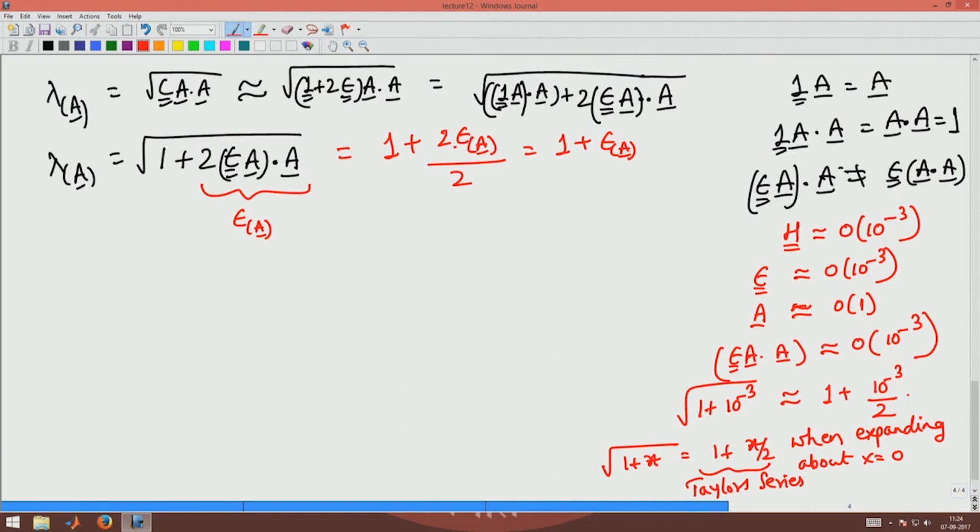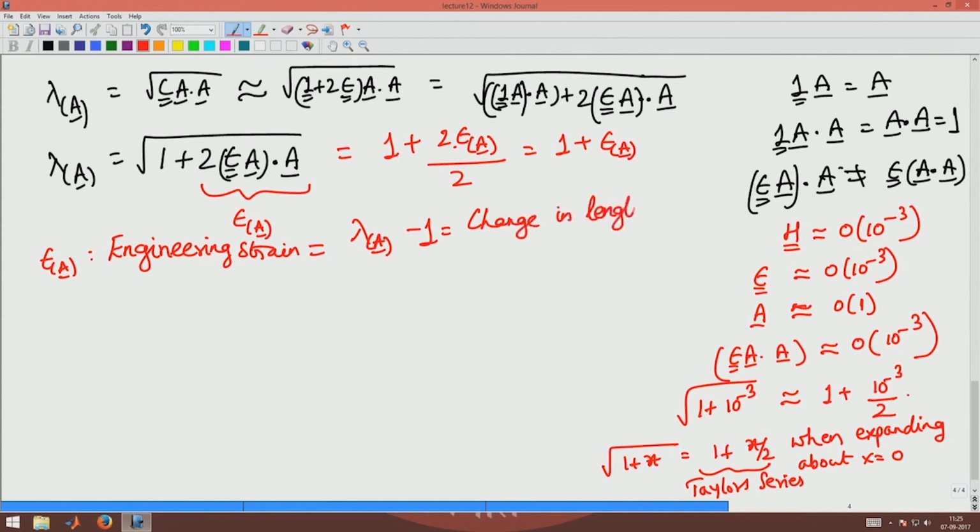Okay. So, what is epsilon of A then? We saw already that epsilon of A is the engineering strain, which is lambda of A minus 1, which is change in length by original length, of the line segment oriented along A. Okay.